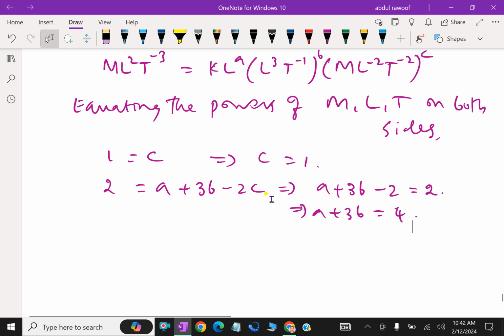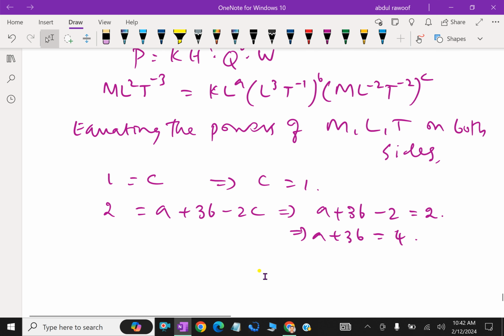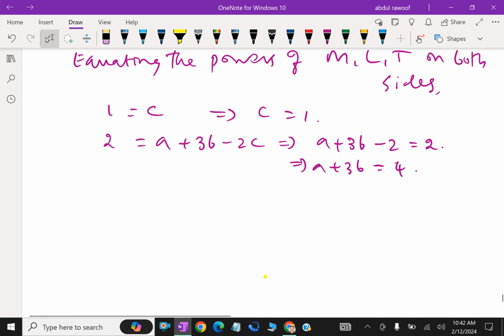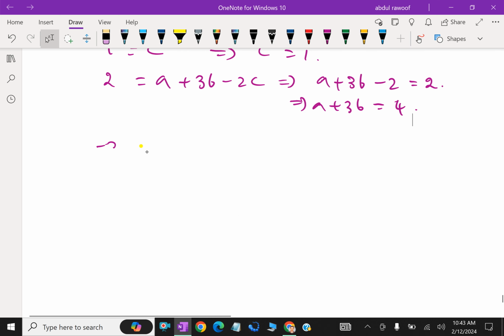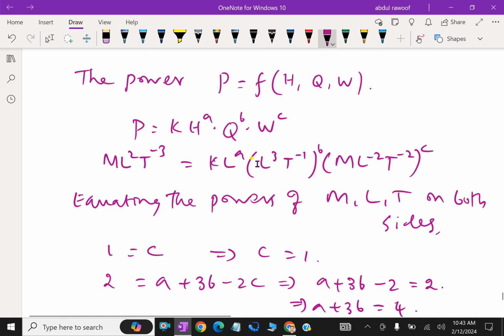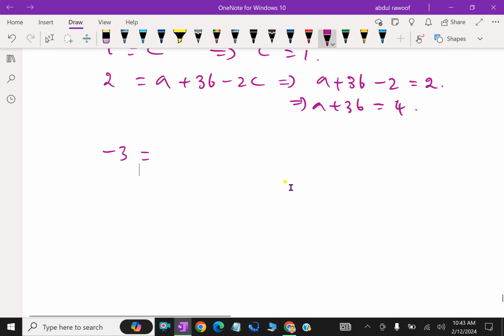And equating the power of T, here T is minus 3 on the left, equal to minus b and minus 2c on the right.